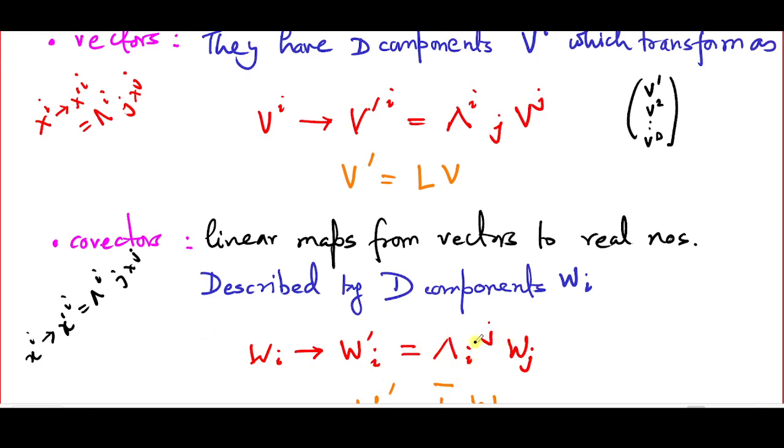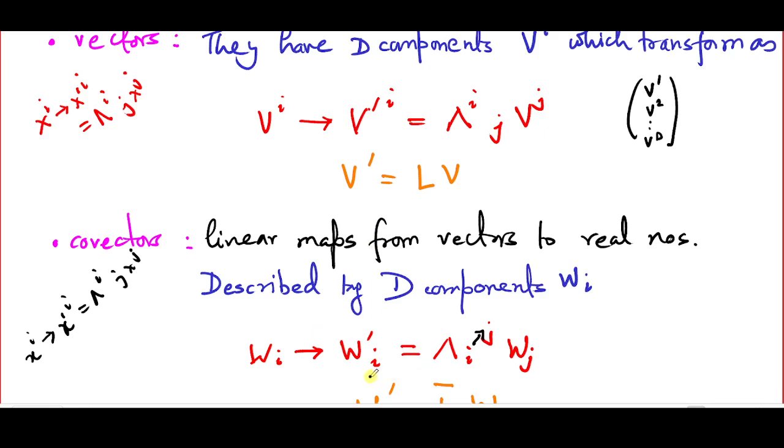Note the different positioning of the indices, and as we have already said before, these lambdas, the numbers, are components of an entirely different matrix. Well, not entirely different, a related matrix, and we will soon see what the relation is. So w prime i is lambda ij wj. Once again notice that the rules for placement of indices and the dummy index summation are all obeyed here.